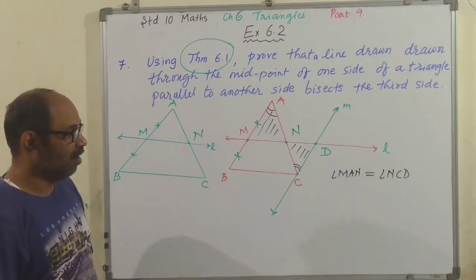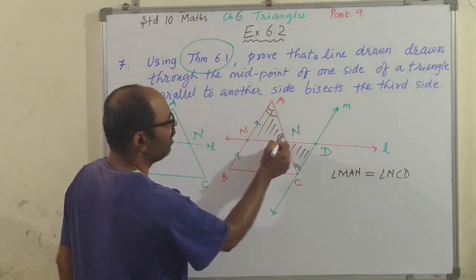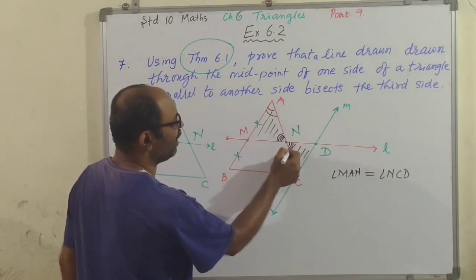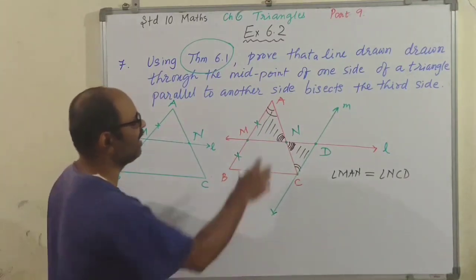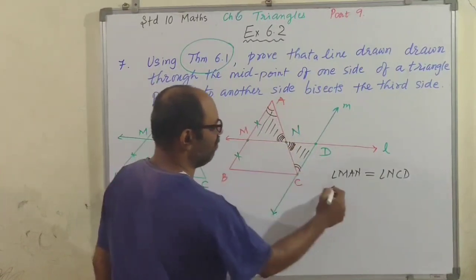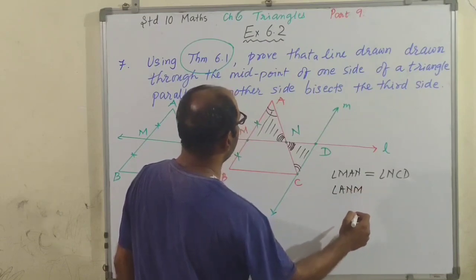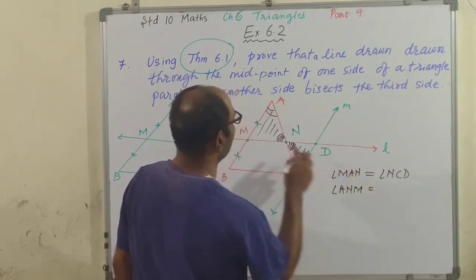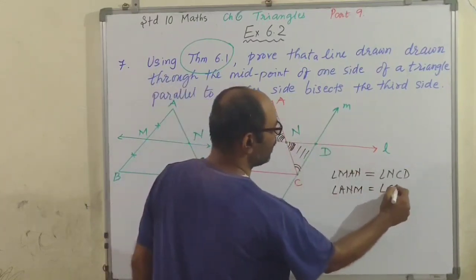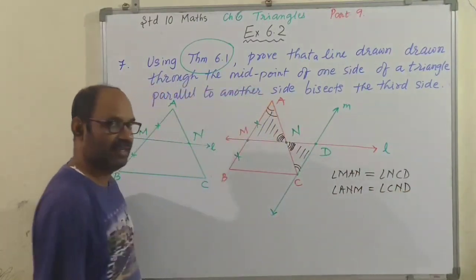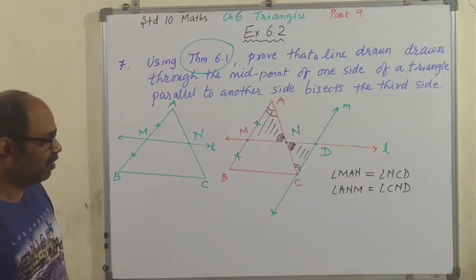Sure? Now this angle is equal to this angle. Why? Vertically opposite angles. Angle AMN is equal to angle CDN. So two angles are equal.